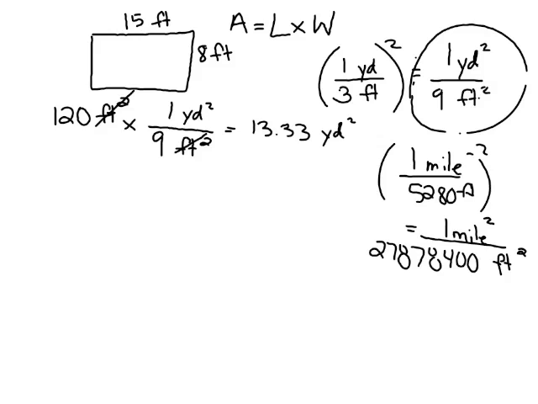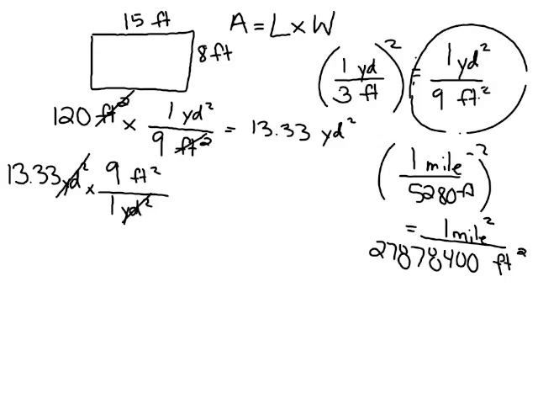Okay, so let's go from yards back to square miles. So I have square yards. Now where do I go? Take it back to feet. So yards on top or bottom? Bottom. 1 square yard, 9 square feet.